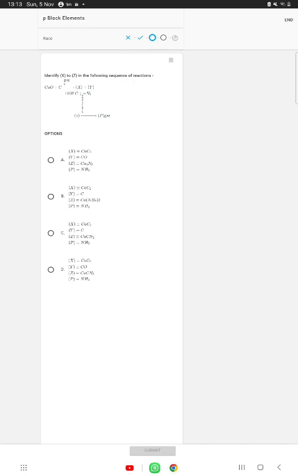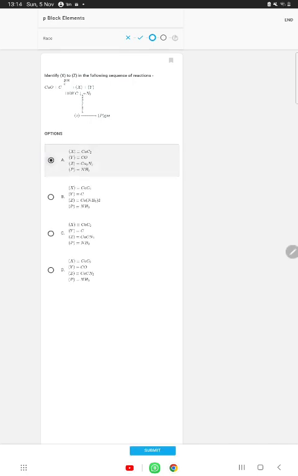So X will be CaC2 and Y will be student, Y will be CO. So first and fourth can be the answer. Now CaC2 reacts with nitrogen, so Ca3N2.